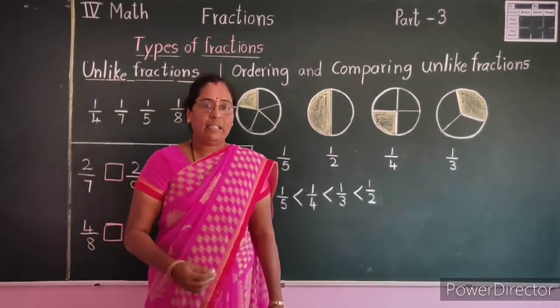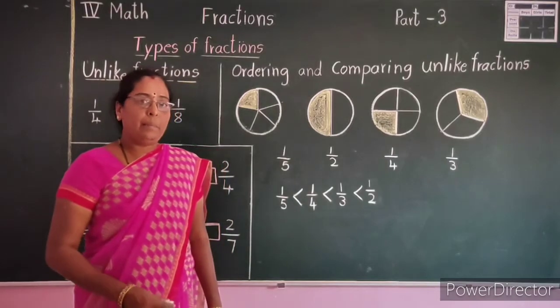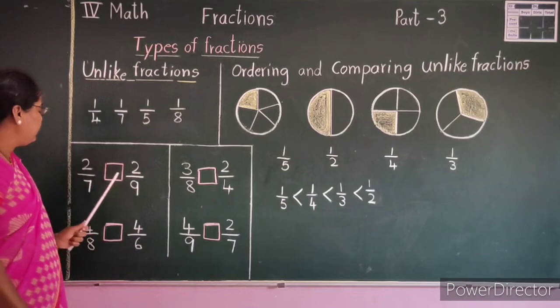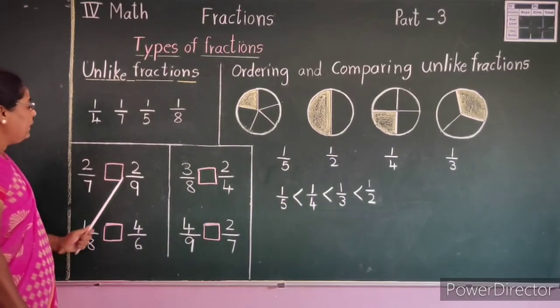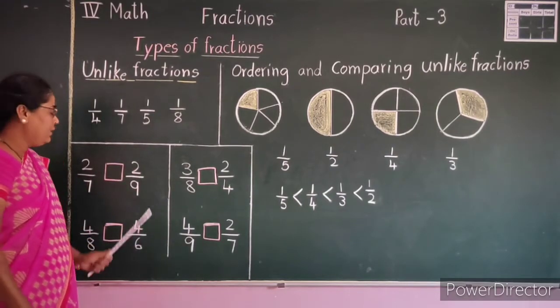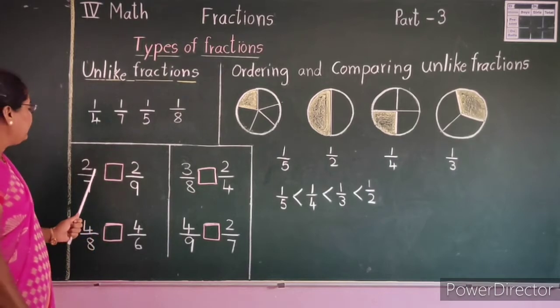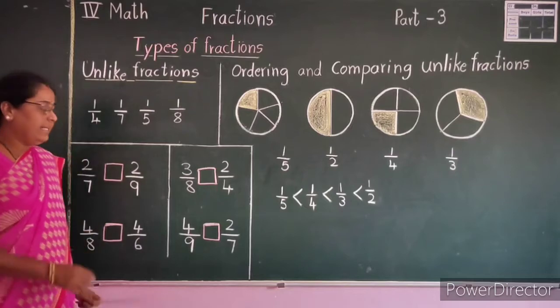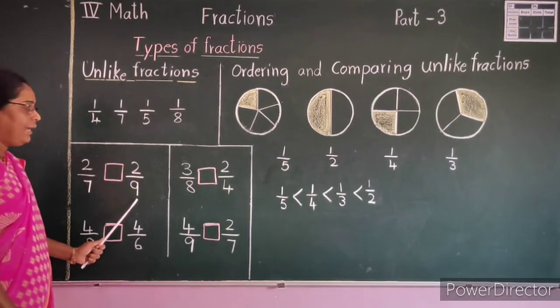Children, let's see some more examples on comparing unlike fractions. Our first example, 2 by 7 and 2 by 9. In both fractions, the numerators are the same. Then you compare the denominators, 7 and 9.